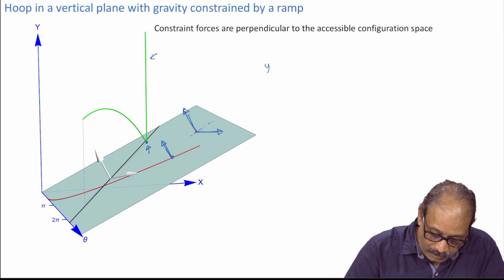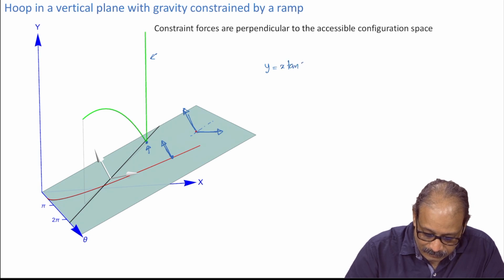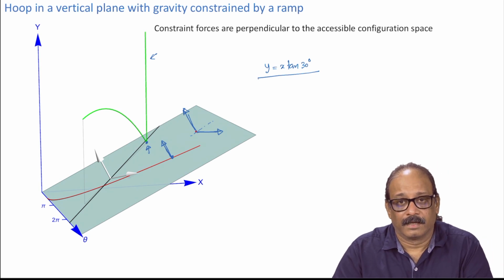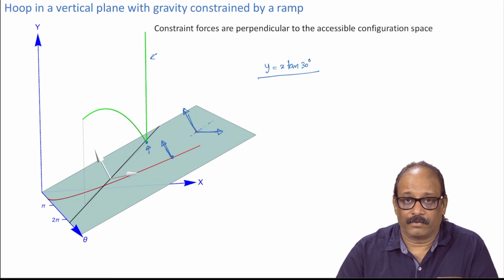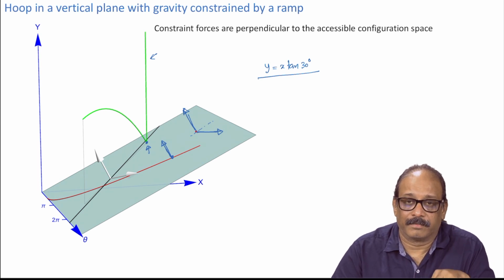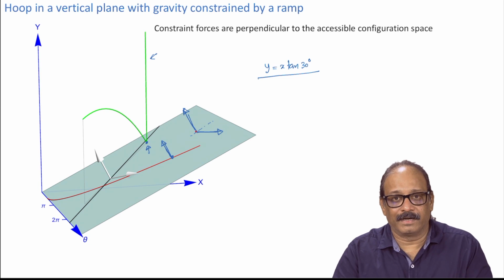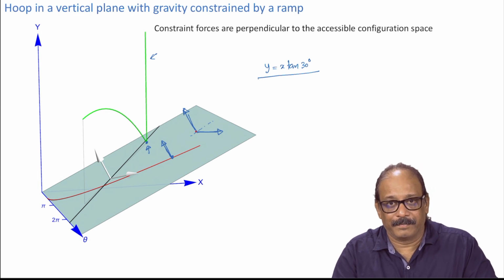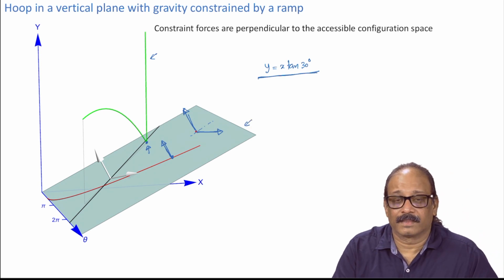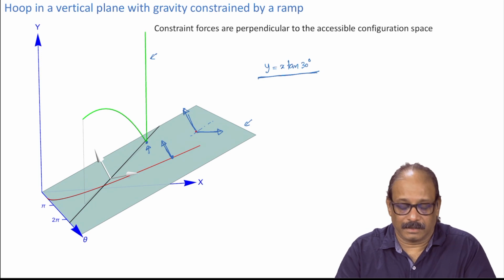So, y must always be equal to x tan of 30 degrees. Okay. So, in this case the constraint now is holonomic and the constraint is enforced by the normal reaction. So, the normal reaction will always be perpendicular to the constraint surface.